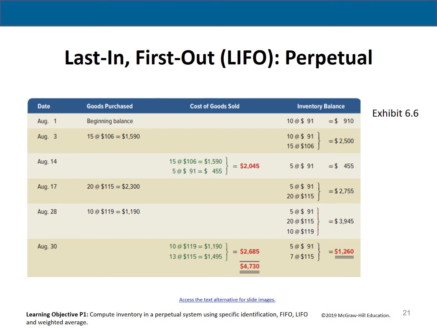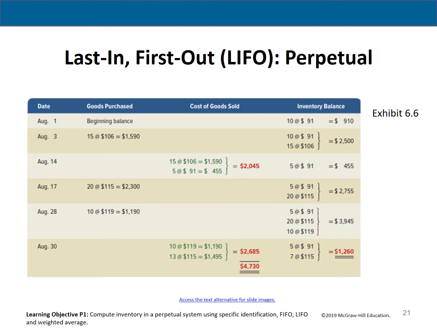On the 17th, when we buy more inventory, we'll add the 20 more bikes. They cost $115 each, and we'll add that to our existing inventory. So we have 5 that cost $91 and 20 that cost $115, layering our inventory again. And again, the numbers out to the right are just the total of those two added together.